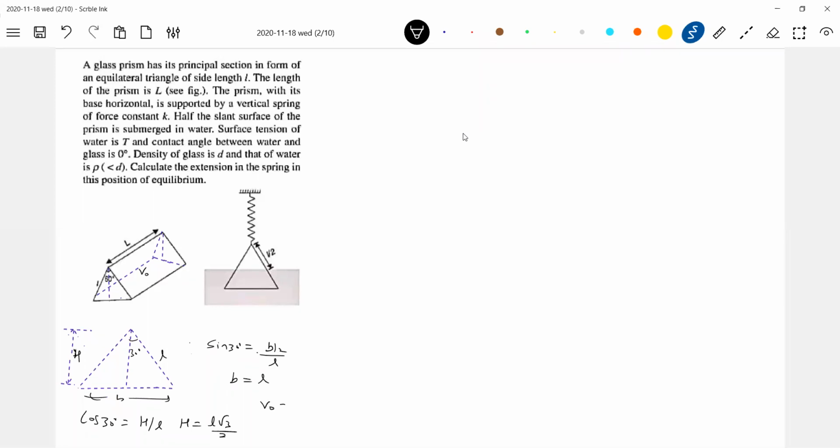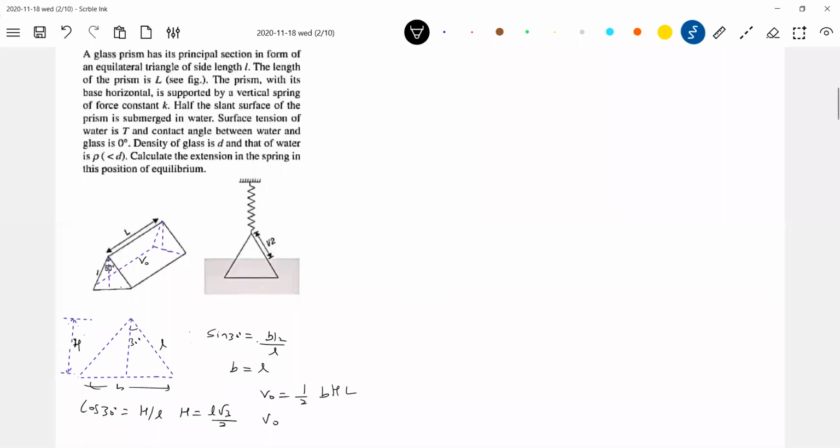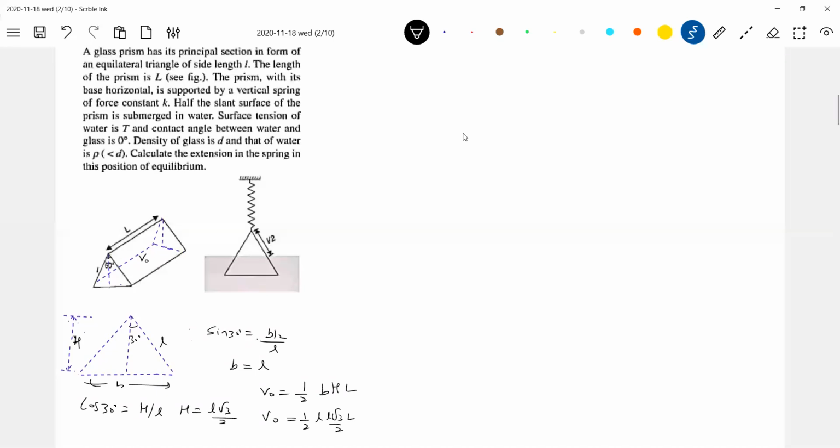So what is the volume of the prism? The volume of the prism will be half into B H into the slant length. This edge length here is called the edge length, and this is called the slant length. So altogether the volume of the prism will be V naught equal to half into B, which is L, into H, which is L root 3 by 2, into L. So the total volume becomes L cube root 3 by 4.